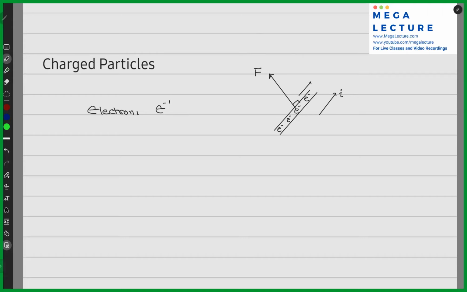Now we'll look at the equation that we have already seen before. Remember this equation, that this force F was given as BIL. I'll use small i. Because the force is perpendicular to the direction of the motion of electrons, this is the sine theta component. Usually you will just take theta as 90 degrees, and this reduces to BIL, because sine 90 is 1.